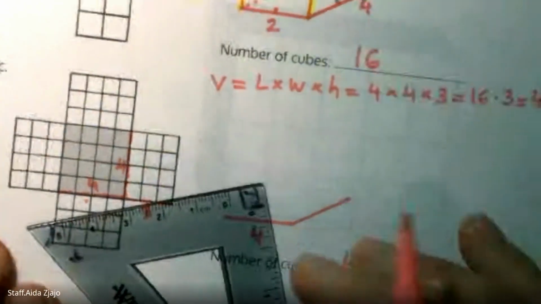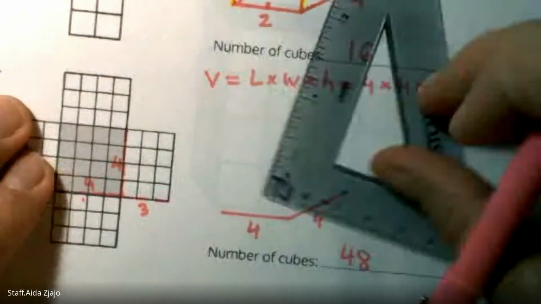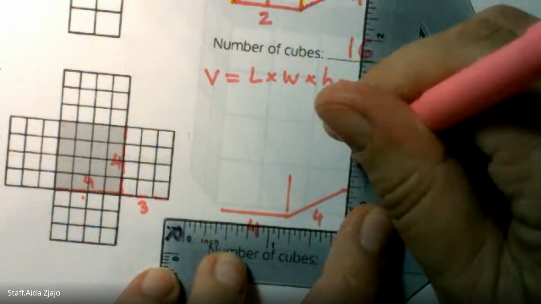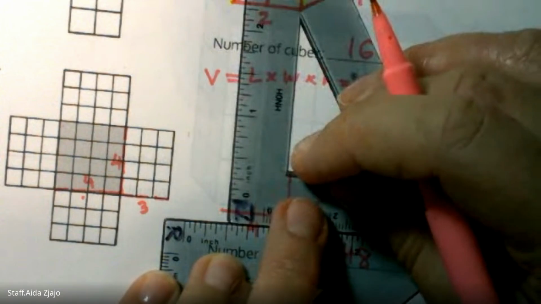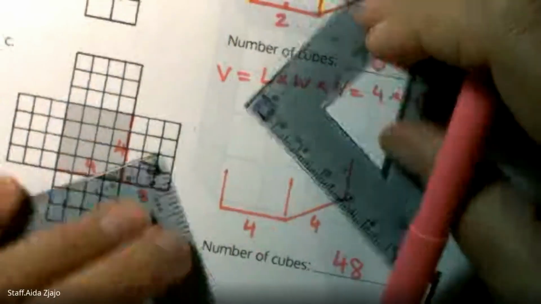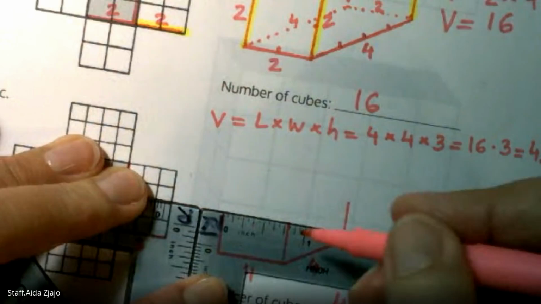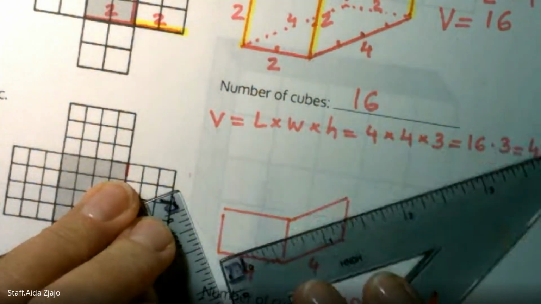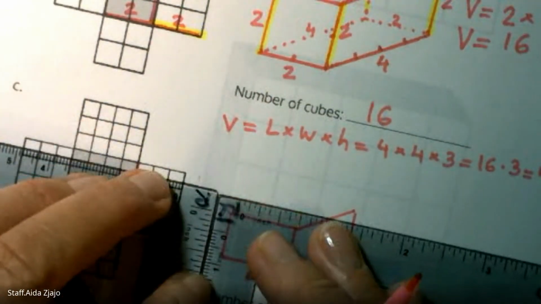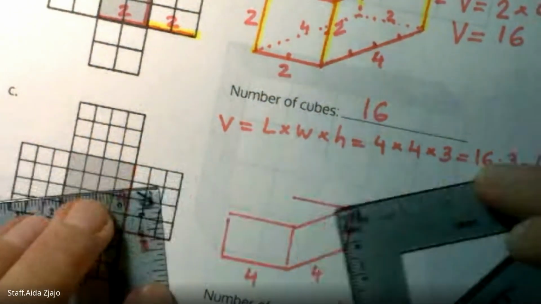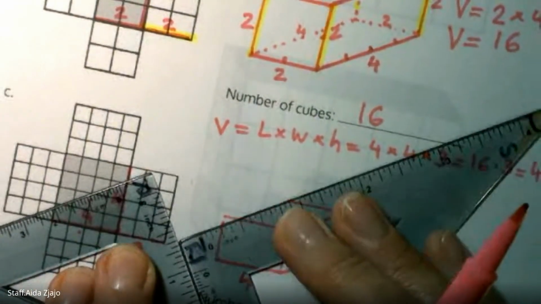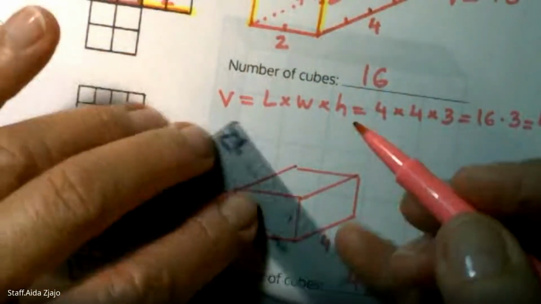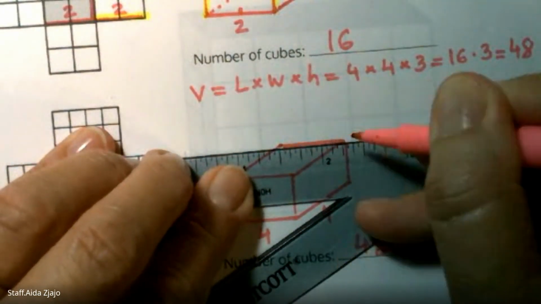This is also 4 units, and then the height is 3 units, which is going to be like this, right? So it's approximately the best.